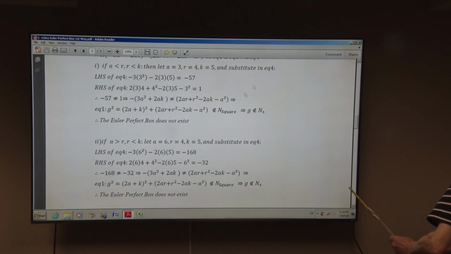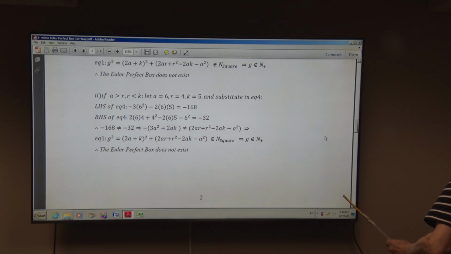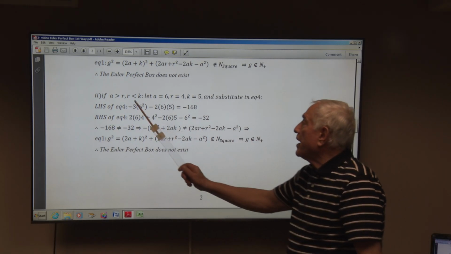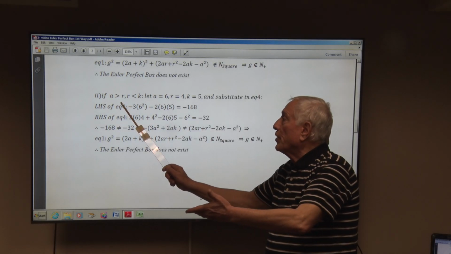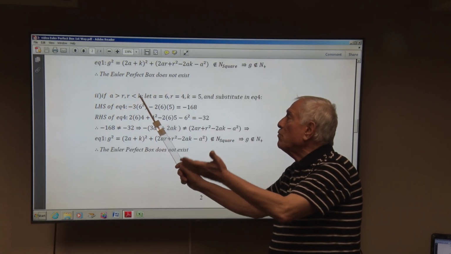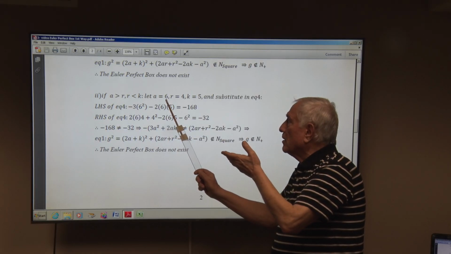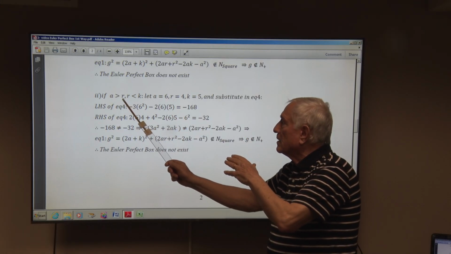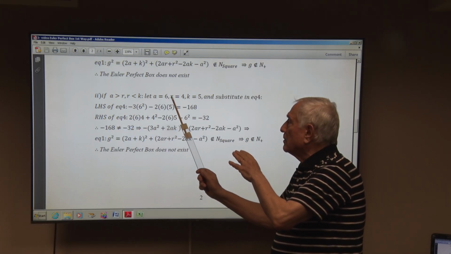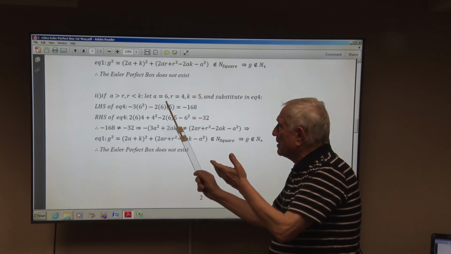We came to the second situation. When A is greater, we know R is smaller. The same way, put numbers: A is 6, R should be less, see? A greater than R. Put 6.